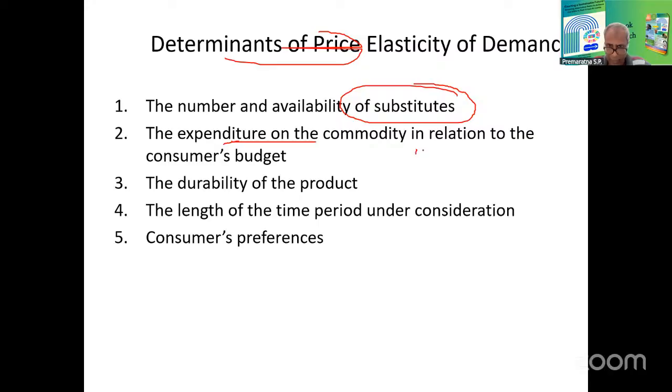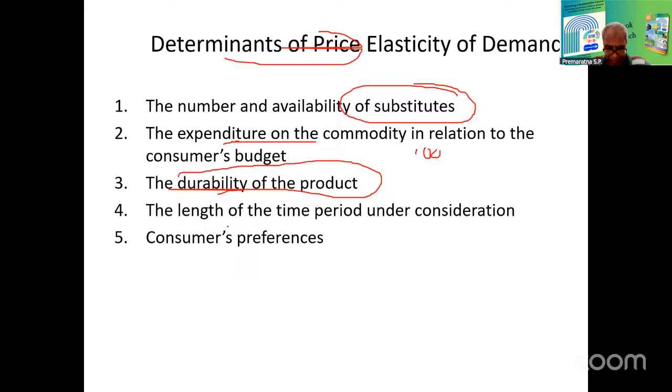If you have a budget of $100, for example, whether you spend a bigger proportion, something like 80%, or a very small proportion, that affects the price elasticity. Because with smaller changes in price, increase or decrease, as a consumer you don't worry much. So in that way, most probably they become inelastic. And the durability of the good also, which means whether you can use the good for a long time or a short period of time, that also affects the elasticity.